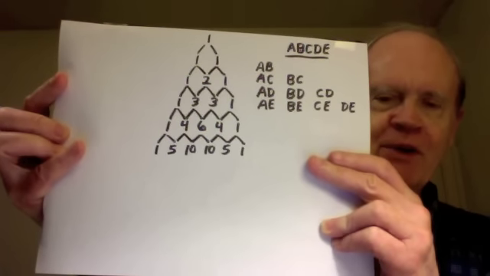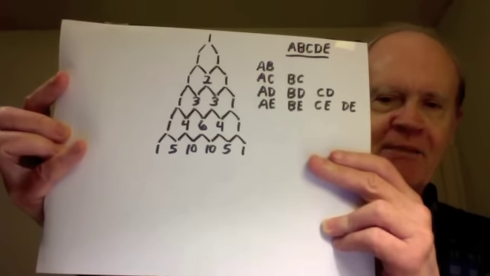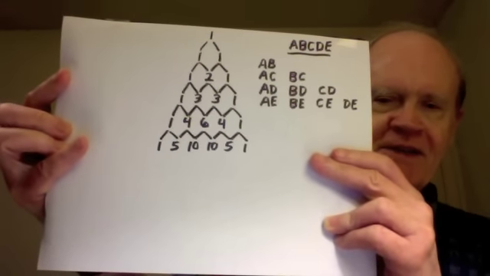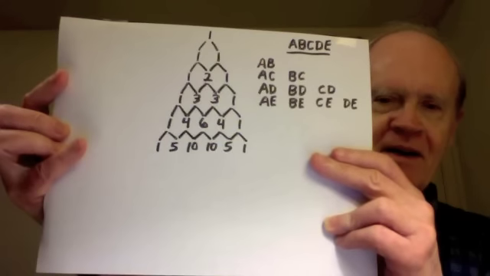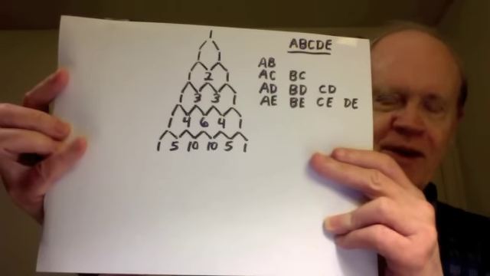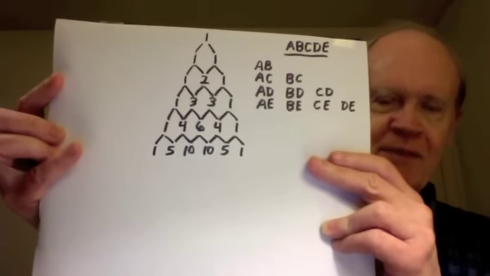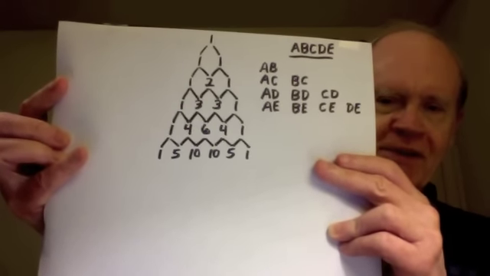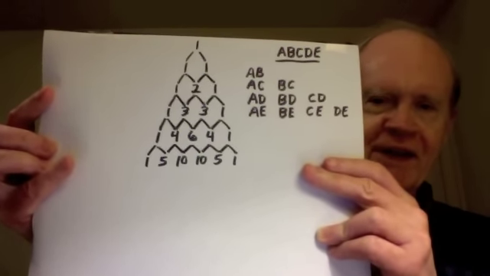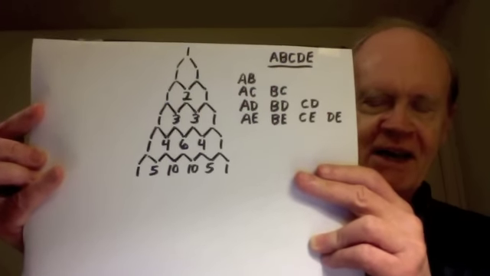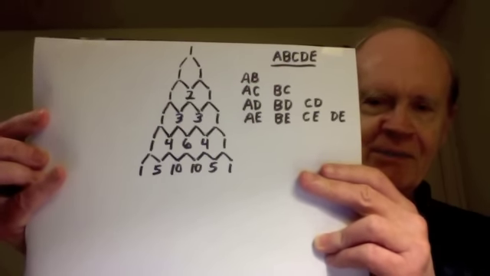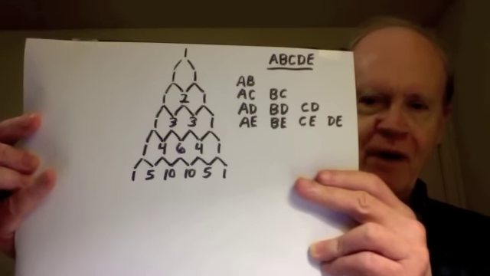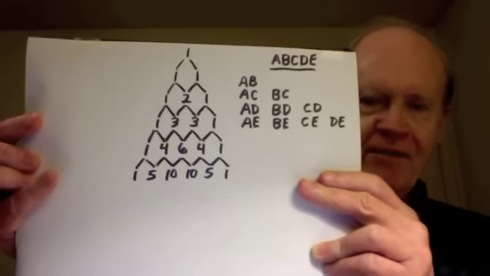Having listed AB, we don't list BA also because it's the same committee, the same 2 people. But we list BC, BD, BE. In the C column, we don't list CA or CB because we've already listed those. It's the same 2 people as AC and BC. So in the C column, we just have CD and CE, and then in the D column, we have simply DE.